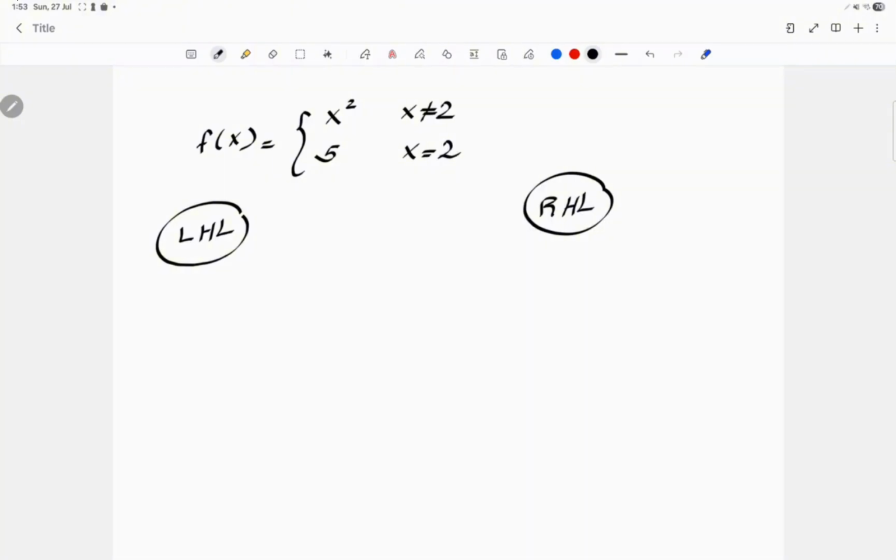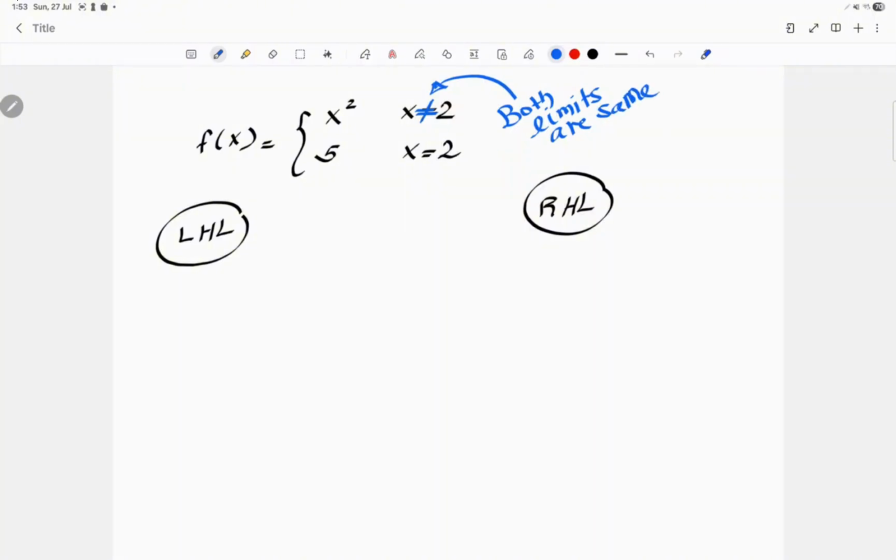Okay, so whenever you have not equal to, that's going to be both your left-hand limit and also your right-hand limit. Please make this a rule. Write this somewhere. This means both limits are the same, left and right.